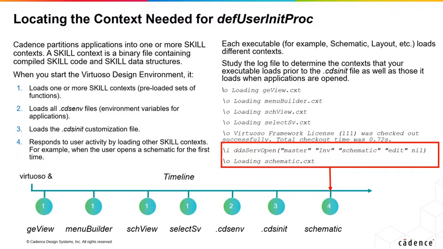Next, it waits, and then when you do something like, for example, we opened a schematic here, master inverter schematic, it will load some additional context the first time you open up a schematic, and you can see here it's loading schematic.cxt. So that is most likely the one we're going to put in our code. Now occasionally there's other ones, and we may have to do some trial and error here to get the exact context that we need. But in this case, we're going to go ahead and use schematic. Okay.